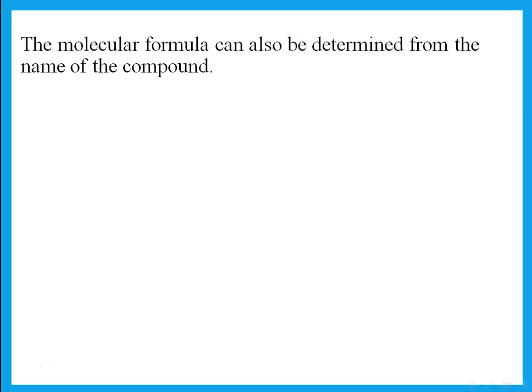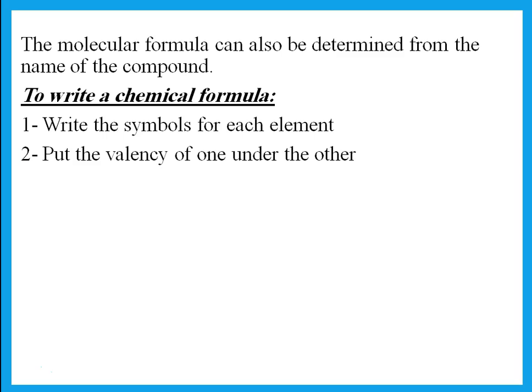So in order to do that, we have to remind ourselves how to write a molecular formula. Remember that to write a chemical formula, we write the symbols for each element, and then we put the valency of one under the other. And how do we get valency? Well, some things you can get from the periodic table.